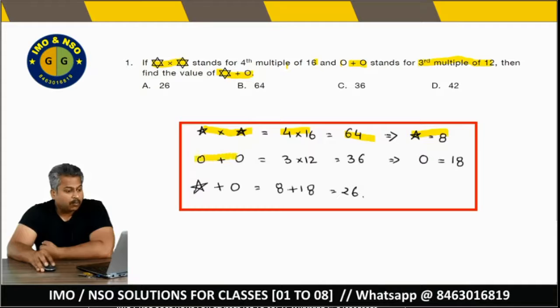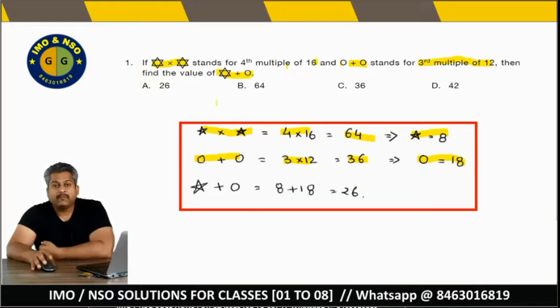Similarly, O plus O is the third multiple of 12. The third multiple of 12 is 36. So this 36 is equal to 2 times O, because O plus O is equal to 2O. The value of 1 O will be 36 by 2, that is 18.